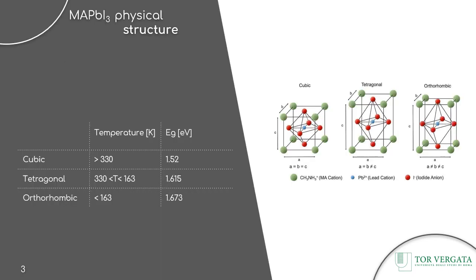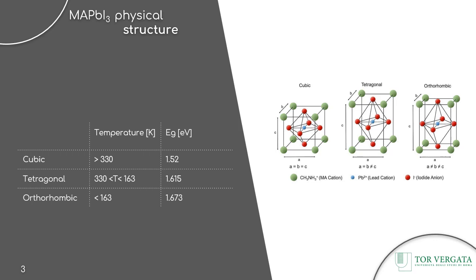MAPbI3 has gained increasing success due to its electro-optical properties such as excellent carrier mobility and high defect tolerance, along with low cost and simple preparation process, to name a few.